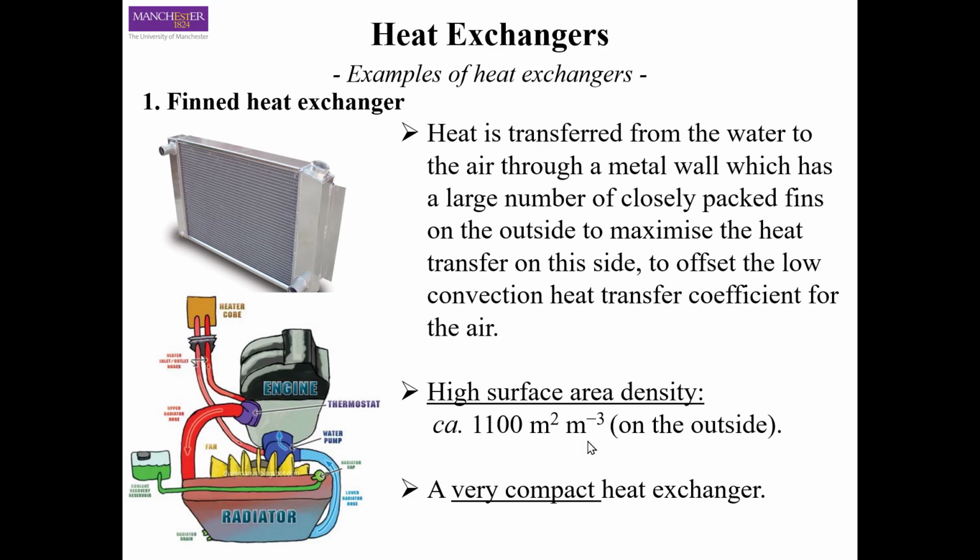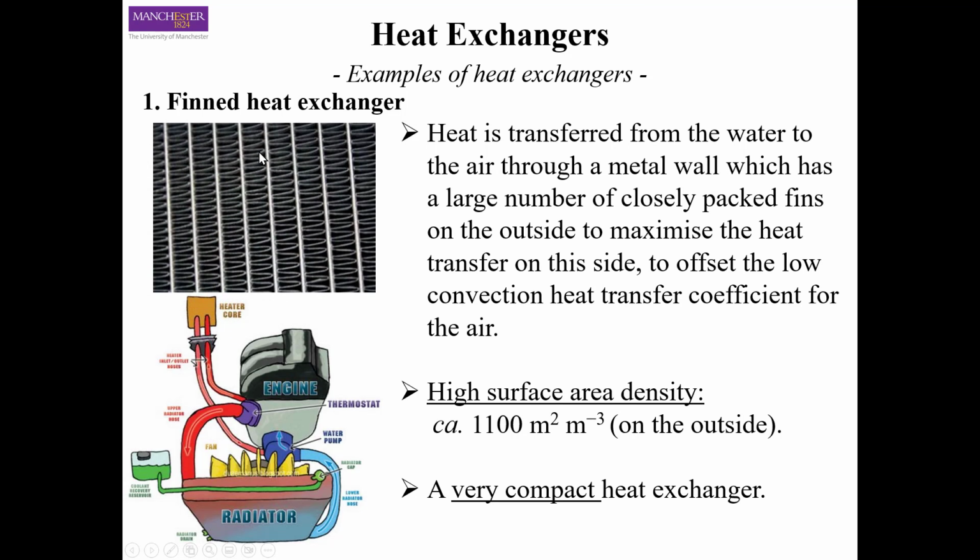The first kind of heat exchanger is what we call the finned heat exchanger. This finned heat exchanger is just like a radiator. As you can see, this is a car radiator, and if you look closely, you can see thin metal plates between the different layers of the heat exchanger. The reason we have these fin tubes or finned surfaces is that we want to increase the surface area of the exchanger.